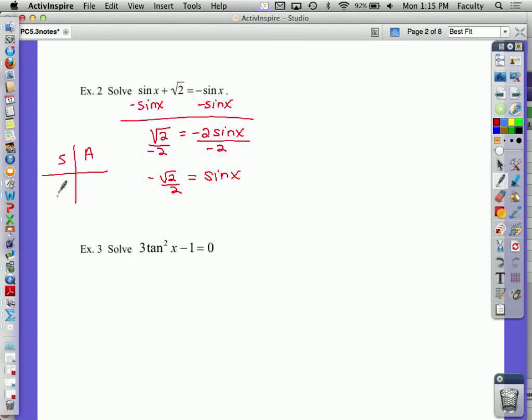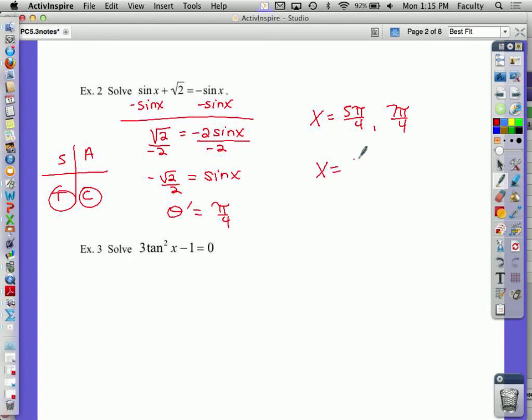All students take calculus. In what two quadrants is the sine function negative? Third and fourth. And we ought to know the reference angle on this one. What's the reference angle for radical 2 over 2? Pi over 4. Good. So x is 5 pi over 4 and 7 pi over 4.